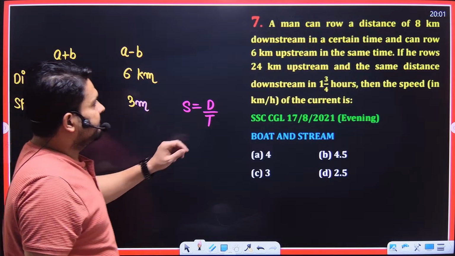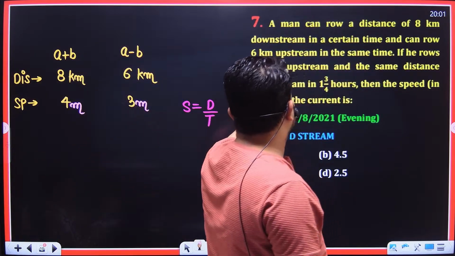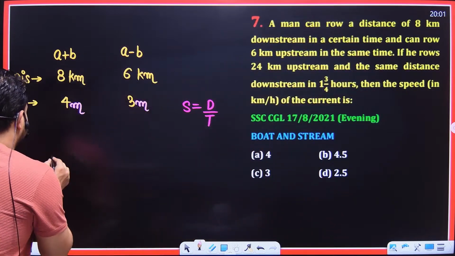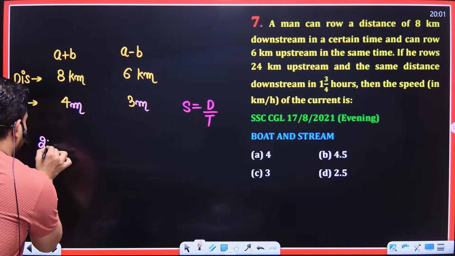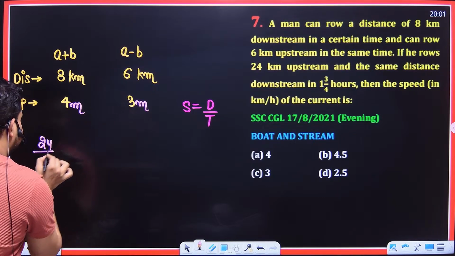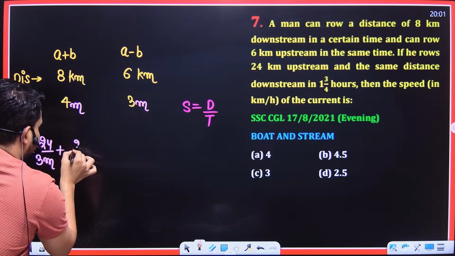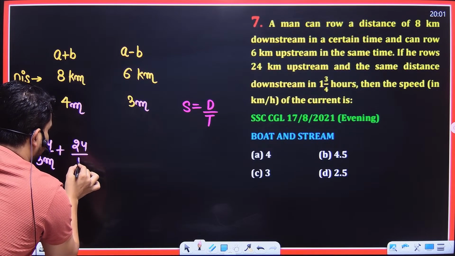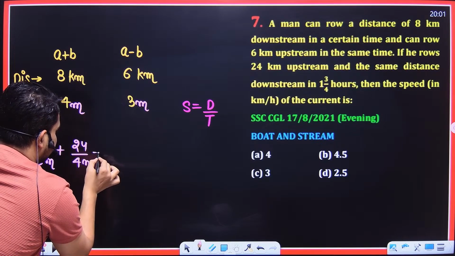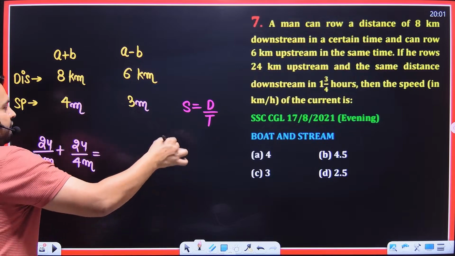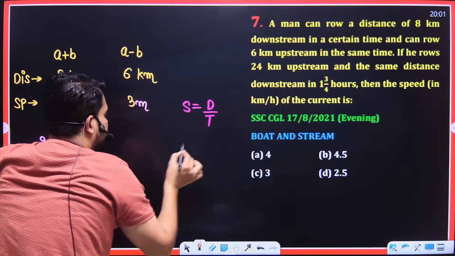So if he rows 24 kilometers upstream, 24 upon upstream speed, which is 3m, this is my time. 24 kilometers downstream, it means 4m. Then he will take 4 plus 3, 7 by 4 hours.